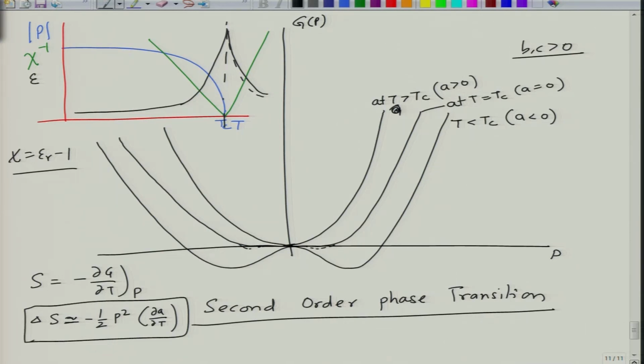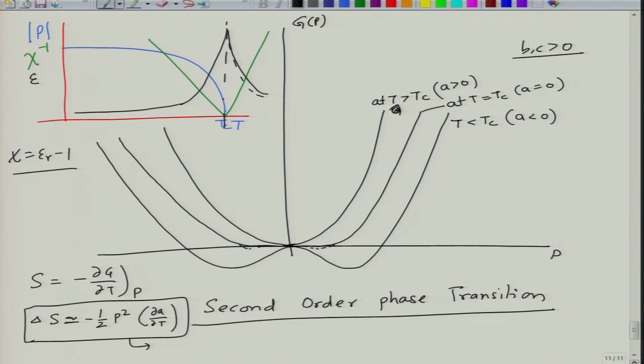So, when this is continuous, it means the phase transition is second order. If there is a discontinuity, then it is a first order phase transition. If it is continuous, then it is a second order phase transition. So, this is basically a second order phase transition.